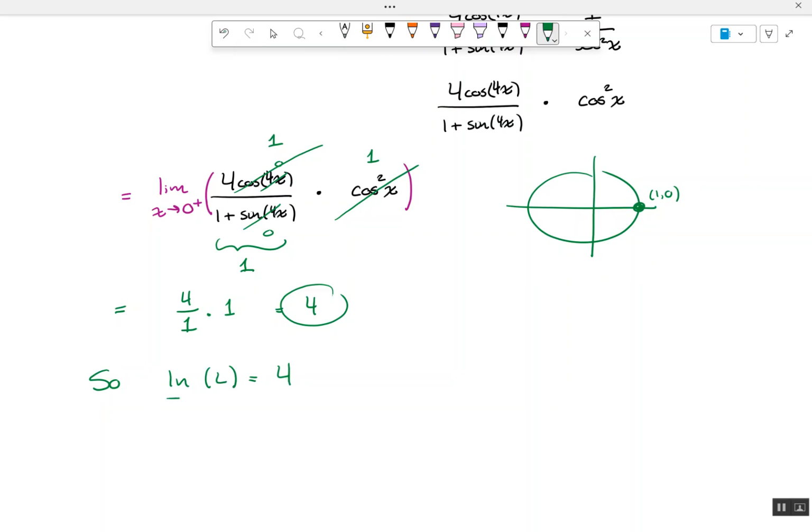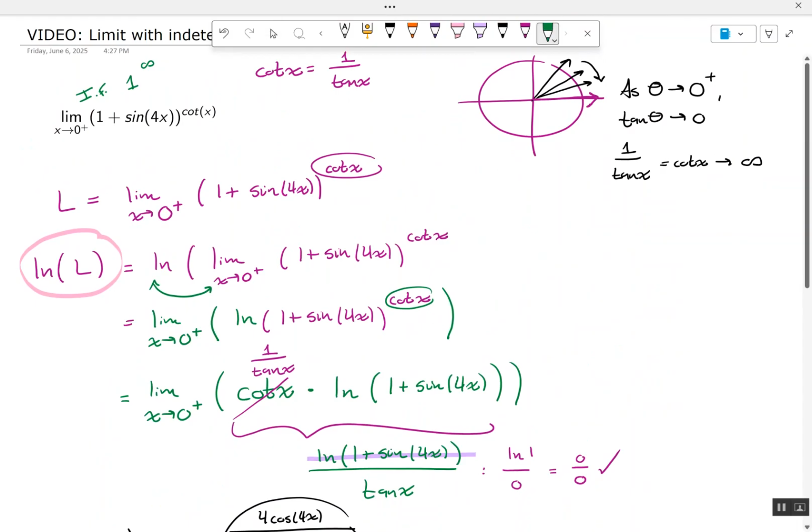So this is saying the number of factors of e in this number L is 4. Or you can think of it as the exponent I have to put on e to get L is 4. So that means L is e to the 4th. And this is my final answer. So this limit up here equals e to the 4th.